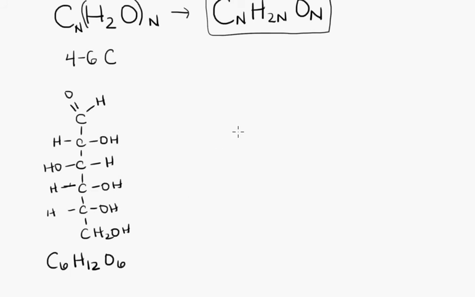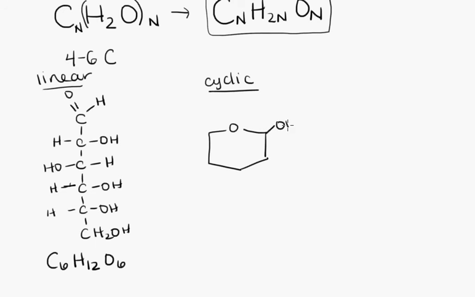In solution, these carbohydrates, these monomers, take on a cyclic form. So it's called cyclic because it looks like a circle. So here's the linear, it looks like a line. And this is the same molecule drawn in cyclic form. So you see for every carbon, pretty much, there's an OH group, till we get up here.